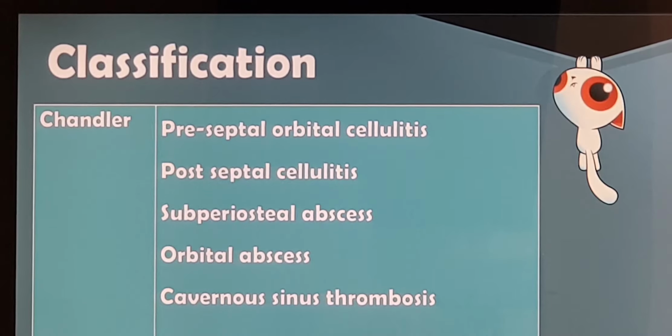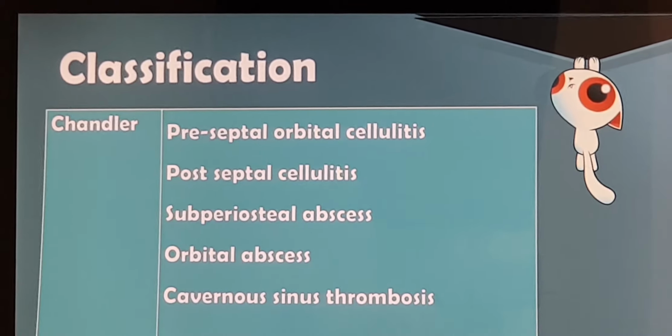Fourth stage, the orbital abscess, where it has spread into the orbit, occupying the whole of the orbit. And the final one is spread from the eye into the cavernous system, which is called cavernous sinus thrombosis. Now, the patient complaint and the examination all depend upon which stage the patient is in.